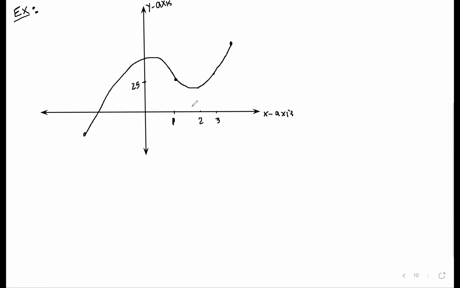The value for 2 is 20. The value for 3 is like around here, like 30. The question is find f inverse of 30 and f inverse of 25 and f inverse of 20.